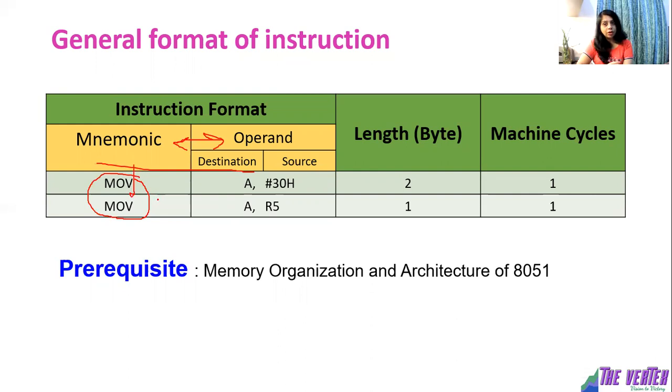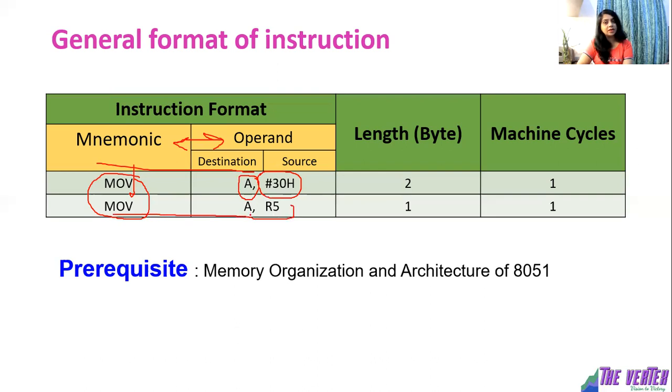If I write MOV A, #30H, on the right hand side you will always find the source operand, and the destination operand is always on the left hand side. What is the meaning of destination operand or source operand? Let's take an example of this instruction, MOV A, R5.